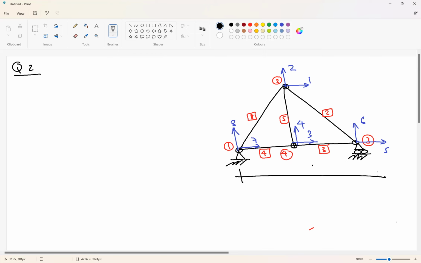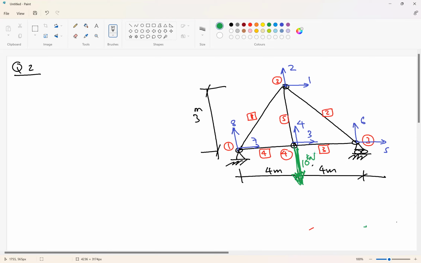The dimensions we have here are 4 meter, 4 meter, and 3 meter. We have only one force here at node 4, which is 10 kilonewton.